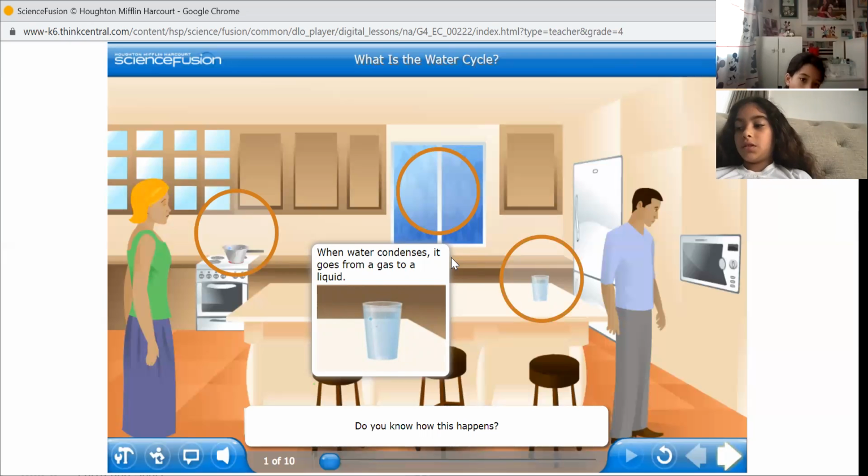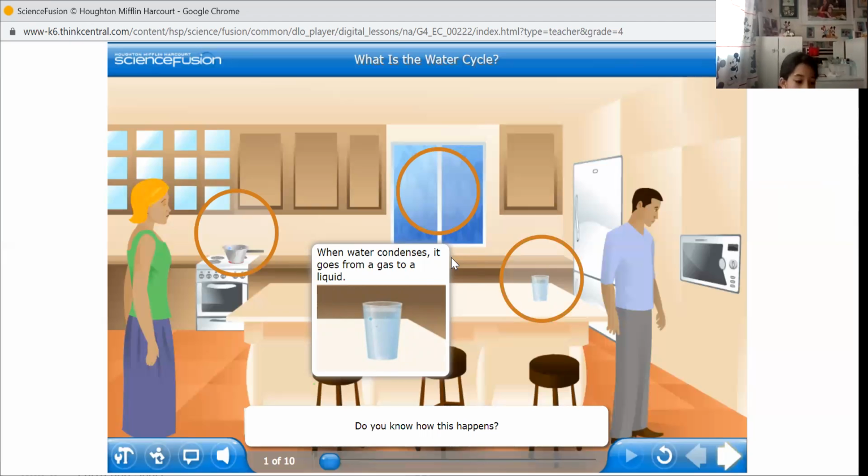So this glass condenses from the outside. What is condensation? When water turns from what to what? Yes, Yelan. From a gas to a liquid. Excellent. From gas to a liquid. Thank you, dear.